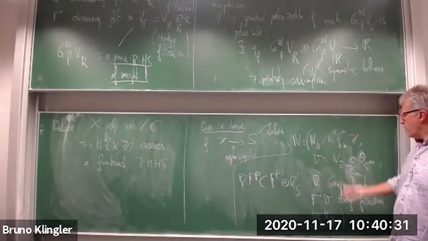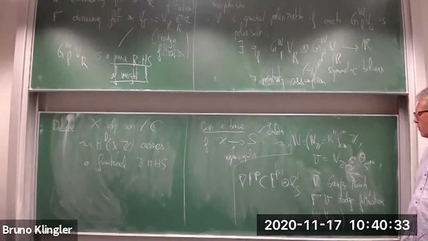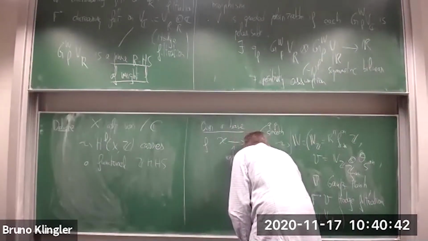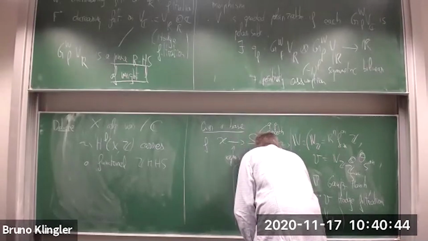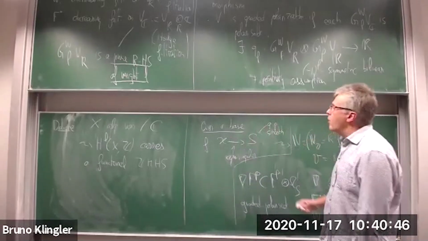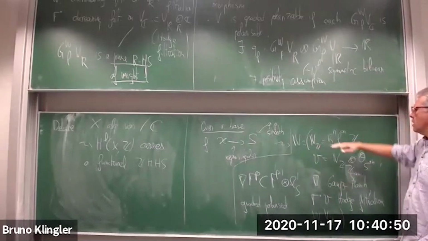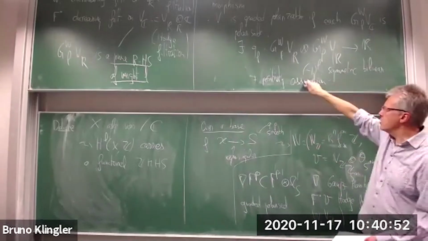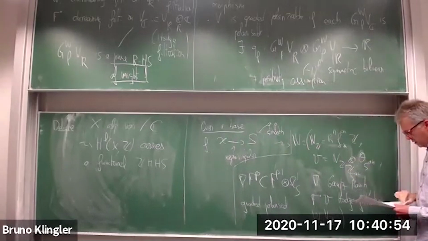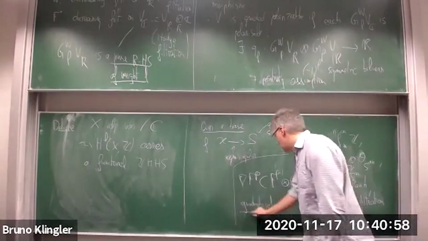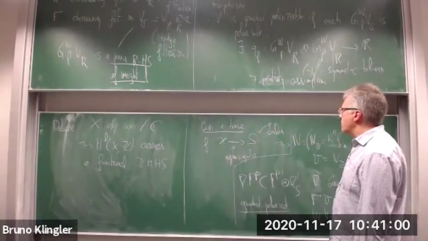So this kind of gadget is what is called a variation of mixed Hodge structure. And then this is graded polarized, which means that you have a family of such forms on V_Z, in particular those are flat, with those positivity assumptions that you have to force.